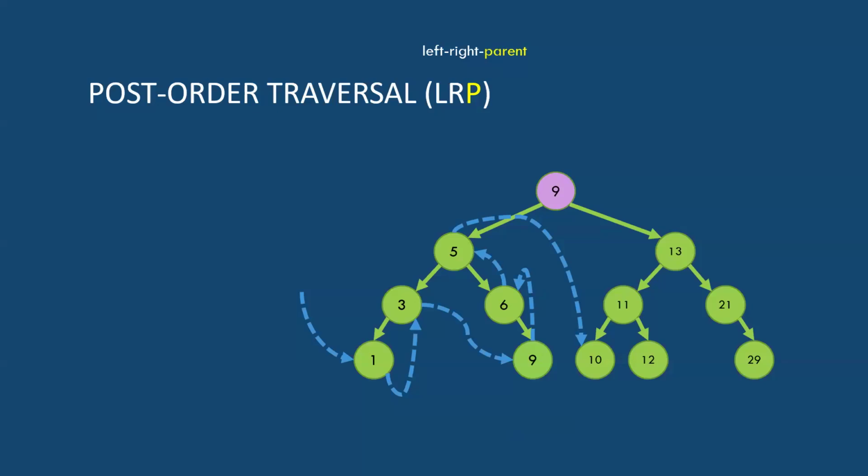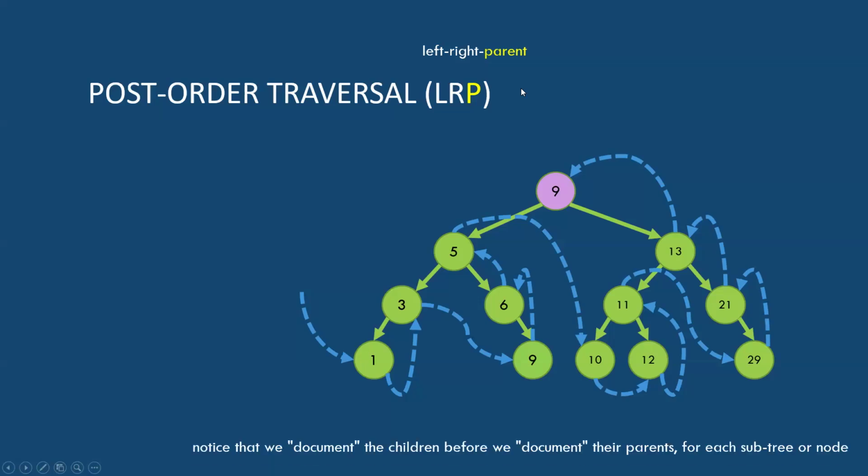We fight our way down to the left, and then the right. It's very strange, right? But that would be a post-order traversal. Post because the parent comes after the children, left, right children. So we're documenting the children before we document the parent in every case. Visit the children, document them before you unwind and document the parent. Strange, but that's what we call it, right?